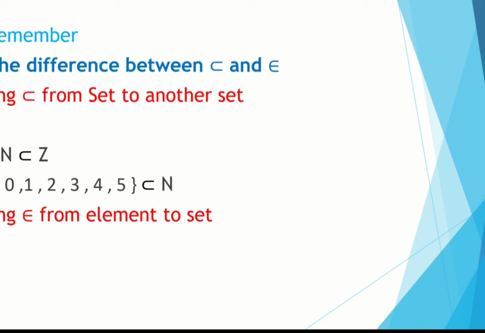We use belong and not belong from an element to a set. Example 1: with the suitable sign, subset, not subset, belong, not belong. -2 is an element, so I will use belong or not belong. -2 belong or not belong to the set of N?